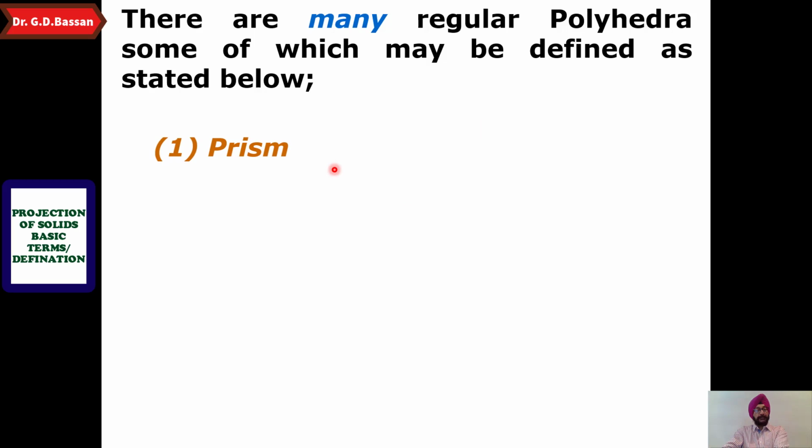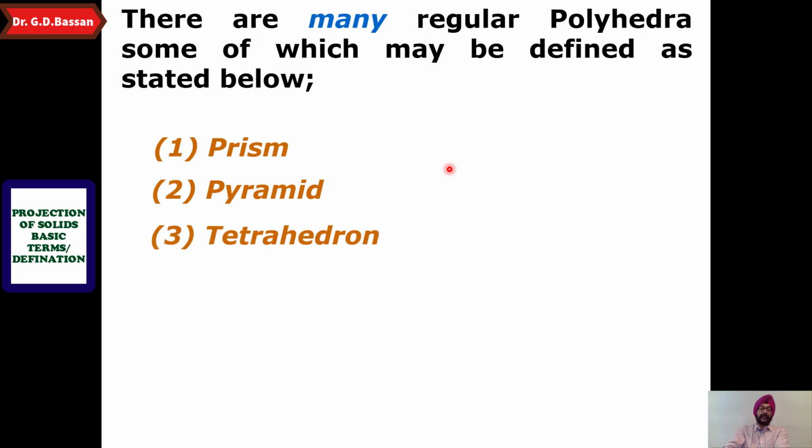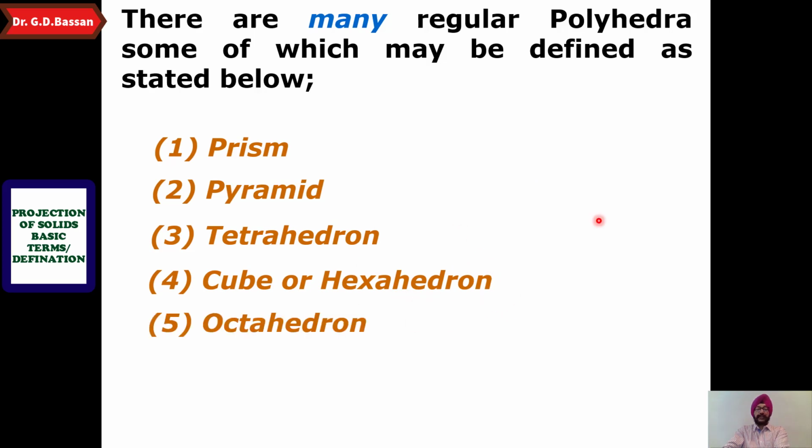One is known as a prism. What is a prism and the other types of polyhedra we will discuss in detail after this slide. One is a prism, second is a pyramid, third is a tetrahedron, fourth is a cube or hexahedron. Hexa means 6 and hedron means sides. Fifth is octahedron.